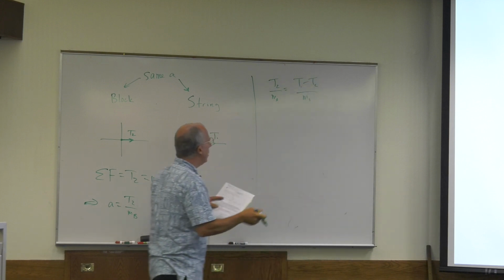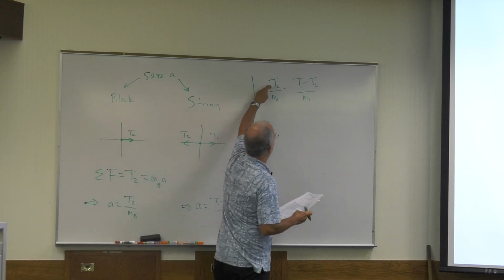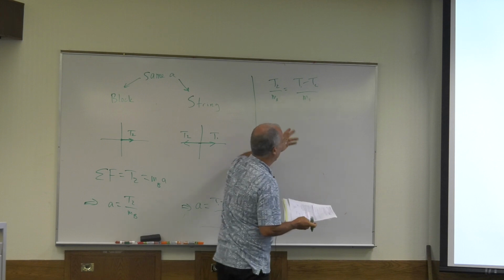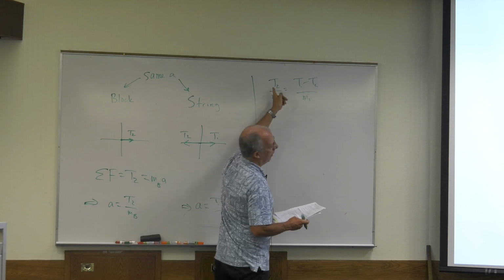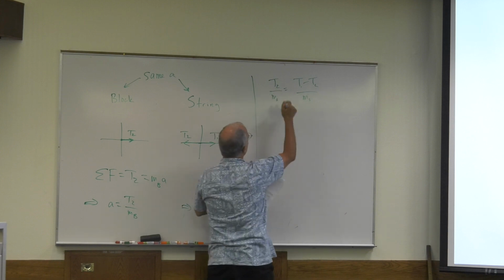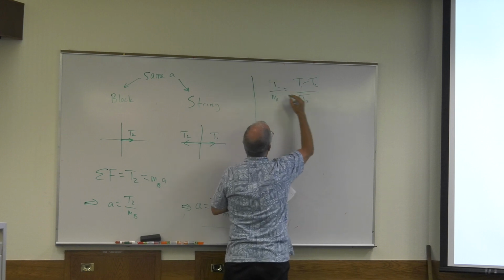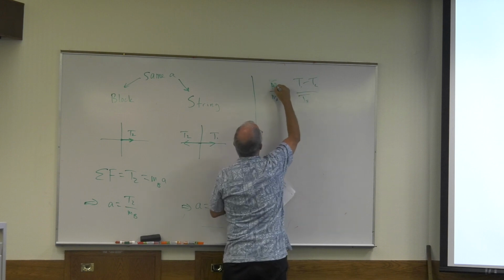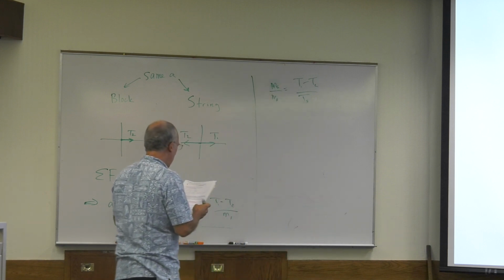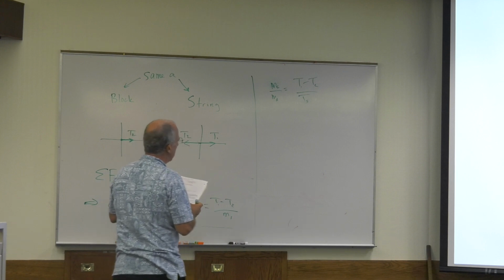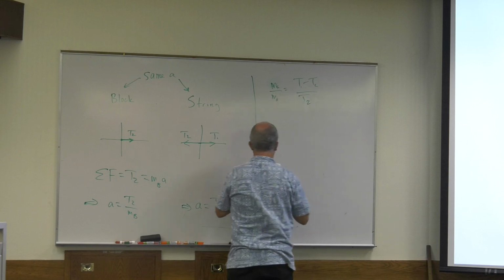Now, I want to get T1 divided by T2, so it makes sense that I want to get T2 down here. I'm going to divide both sides by T2, then multiply both sides by M string. So I have M string over M block equals T1 minus T2 over T2.